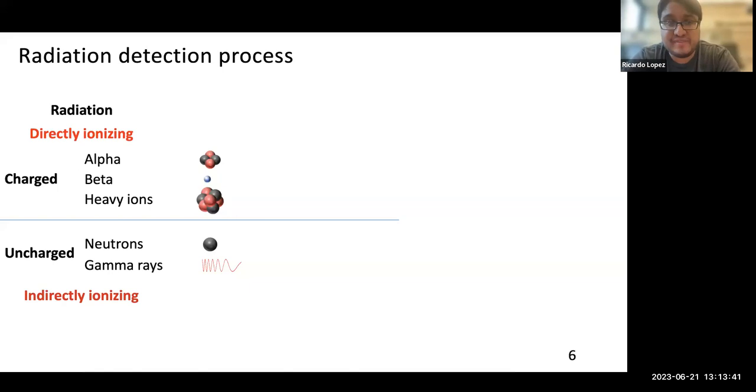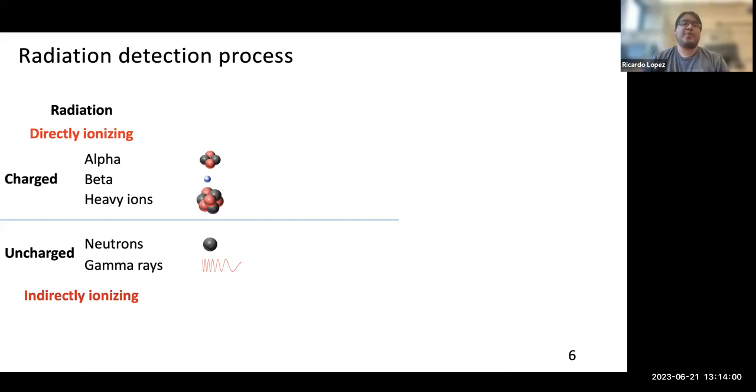So we have alpha particles, beta particles, and other heavy ions. But then on the other hand, with the other category, we have uncharged particles, that being neutrons and gamma rays / X-rays, or photons, if you will.